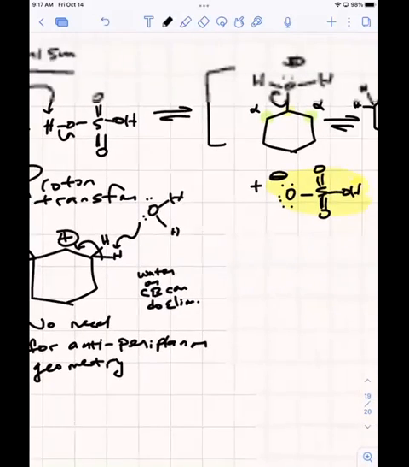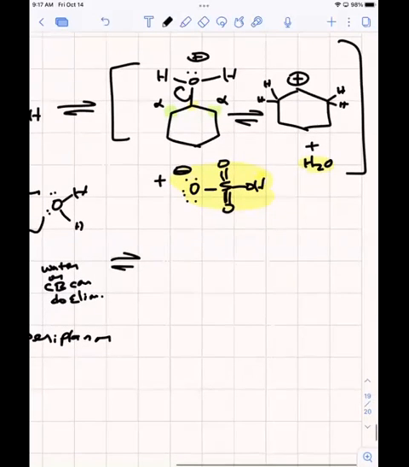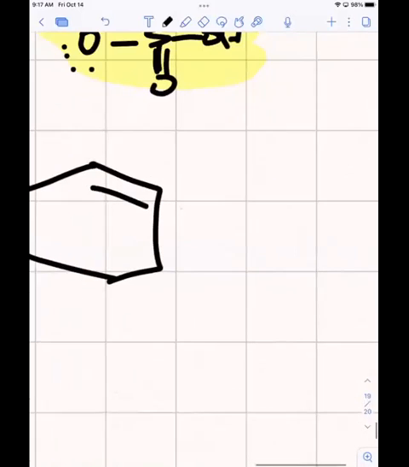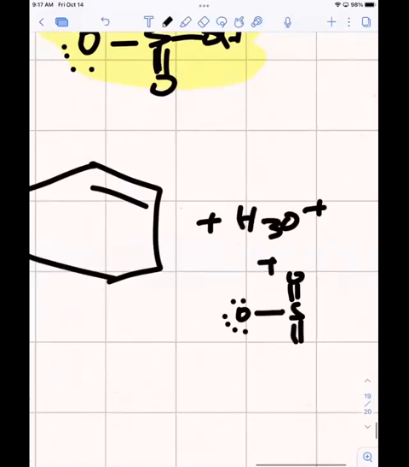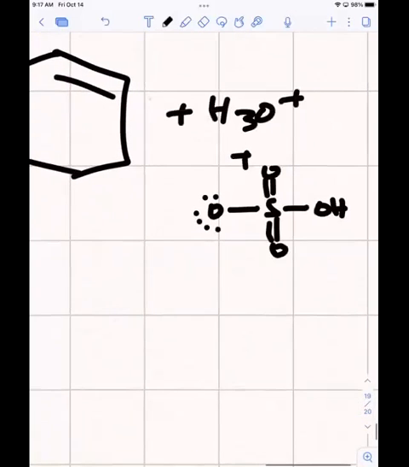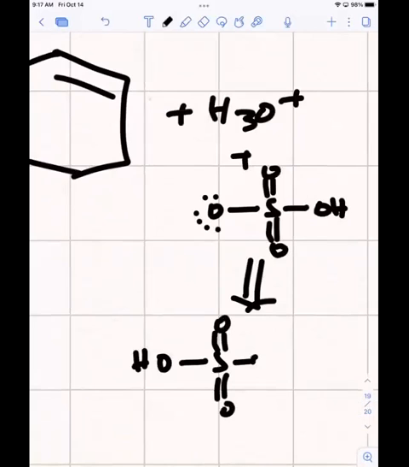So if water comes in and does the elimination, I'll get my product here, plus H3O plus and the conjugate base, which is probably going to do a proton transfer with that H3O plus and get you back to your start material. Let me not say probably, it will, because the sulfuric acid is catalytic.